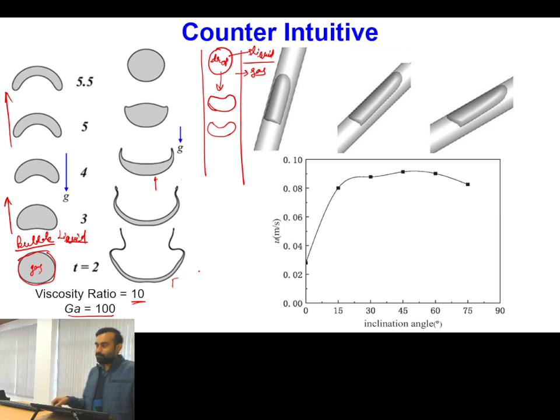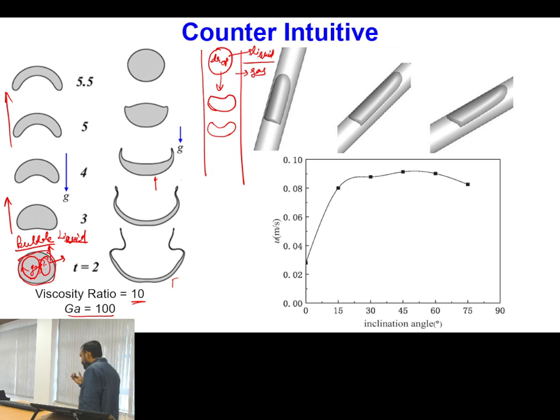One potential reason could be when it is in the gaseous phase. So gas has low viscosity. So when it will be rising in upward direction, there will be formation of some internal circulations within the gas bubble.